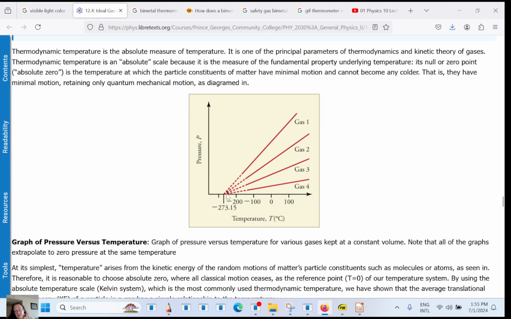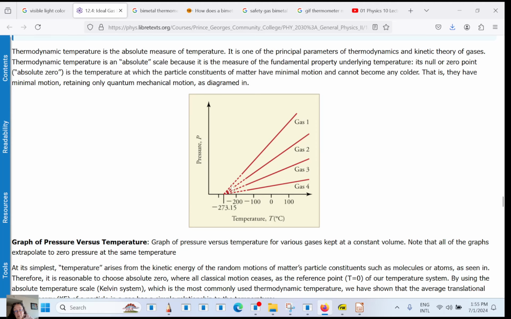If you extrapolate here, that's what we call absolute zero. You see there is proportionality: pressure is proportional to temperature when you are using an ideal gas, for a given volume.